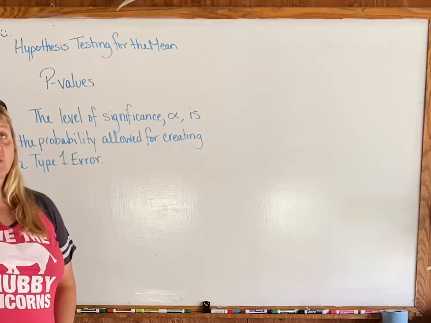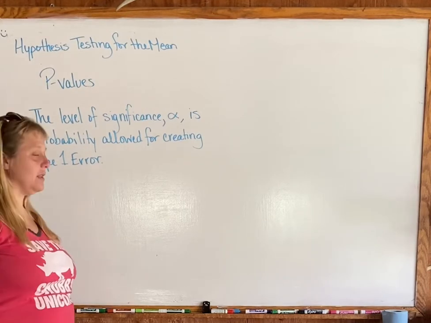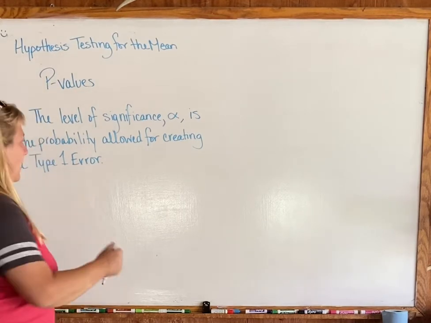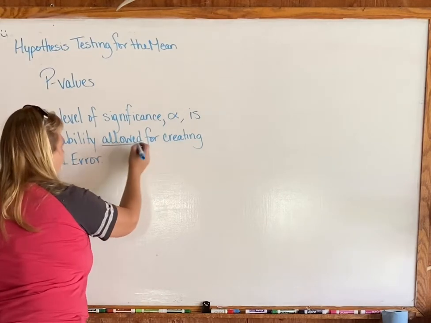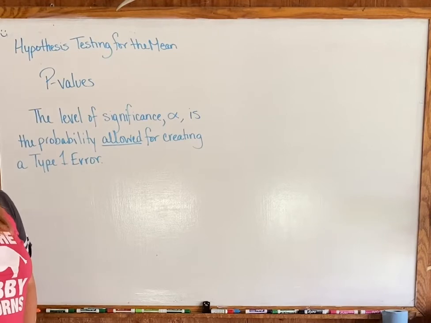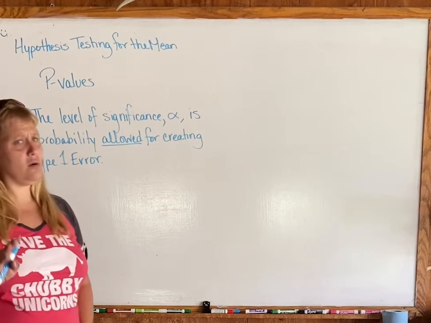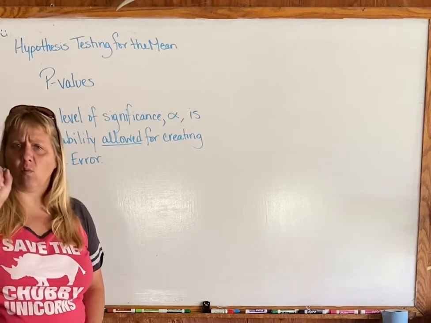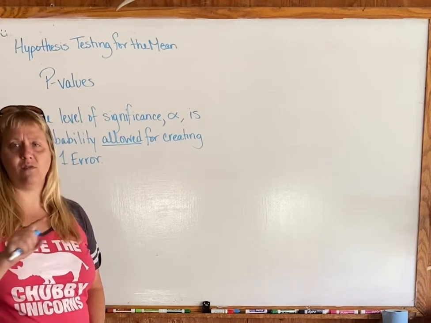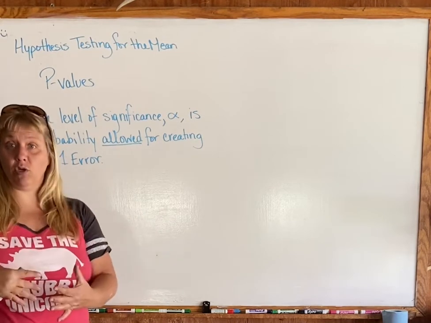The alpha is the probability allowed for creating that type 1 error. Someone might say, I only want there to be a 5% chance of you making a type 1 error. Someone else might say, there's only a 1% chance allowed. So this is a probability that's given to you.